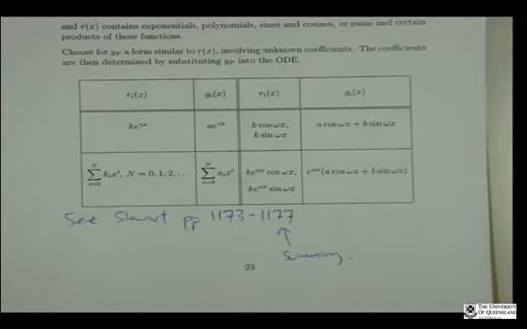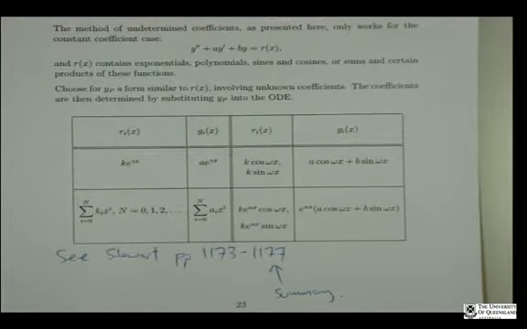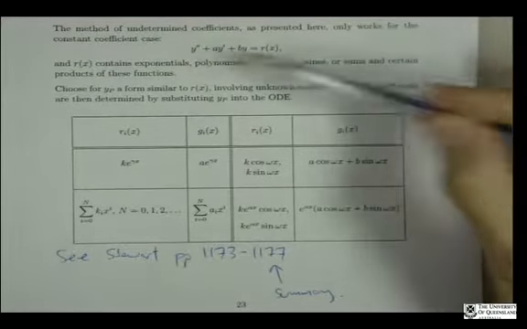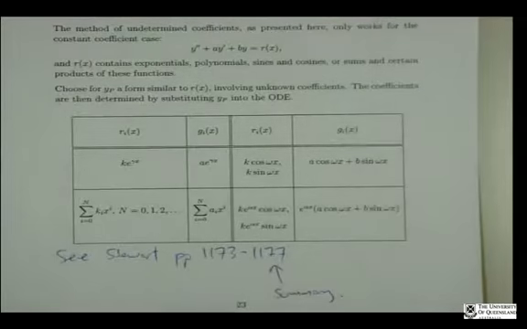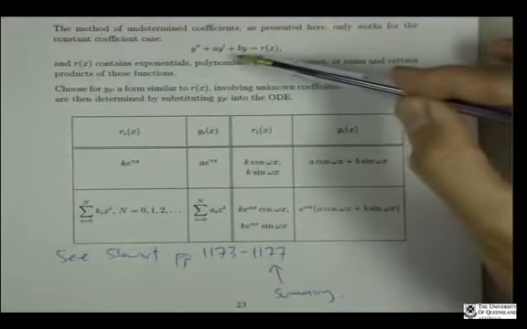But this all comes from that observation I was talking about earlier, right? It all comes from that observation that if we have an equation with constant coefficients, and remember, this method of undetermined coefficients is only going to work with that special case where we have constant coefficients. We know we can solve the homogeneous part of the general solution if we've got constant coefficients.